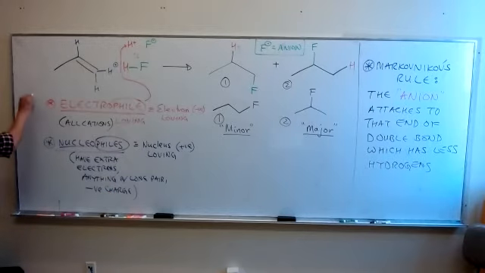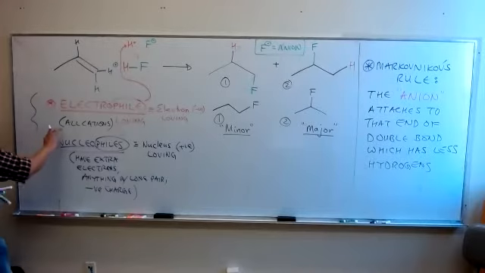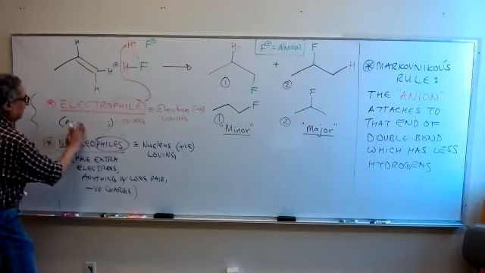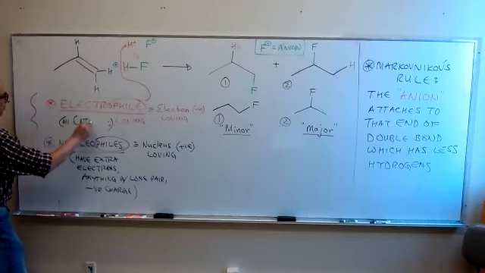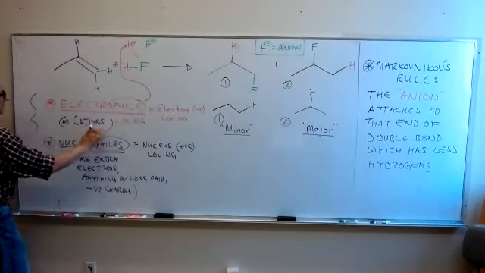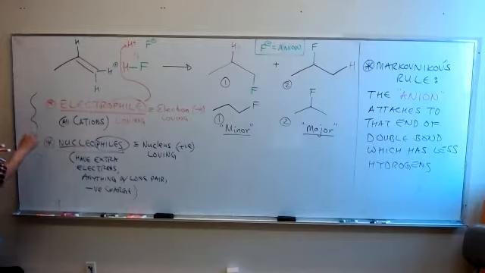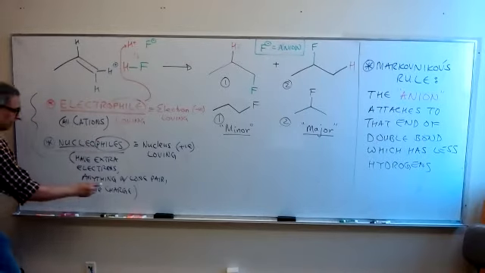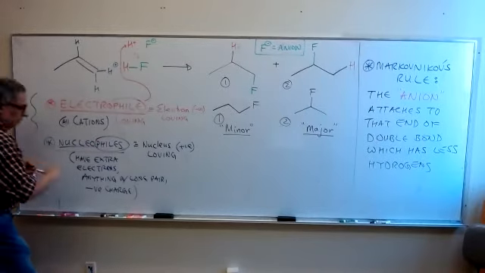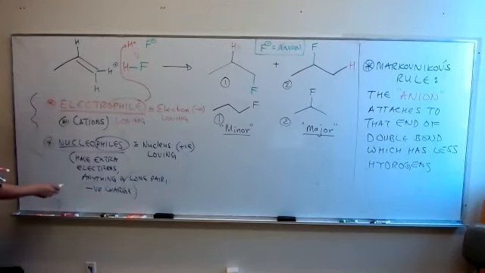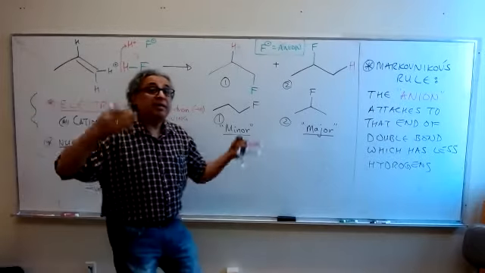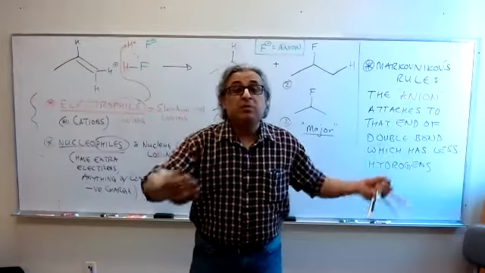So we learned two new terms: electrophile, electron loving, which are generally cations. All cations are electrophiles. Anything with a lone pair, anything with a negative charge is a nucleophile, because they are looking out for dissipating their negative charge or helping someone with their lone pair.